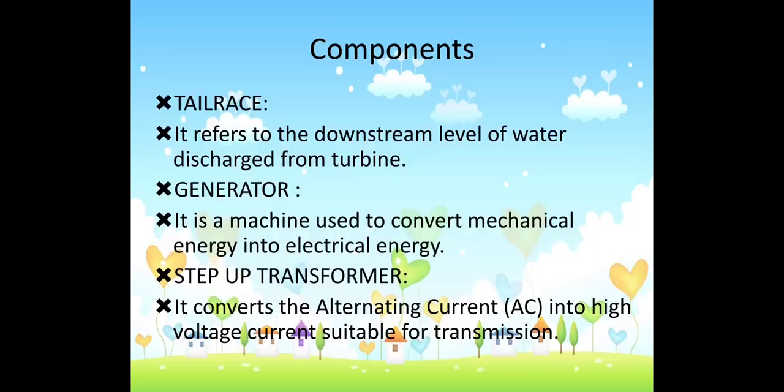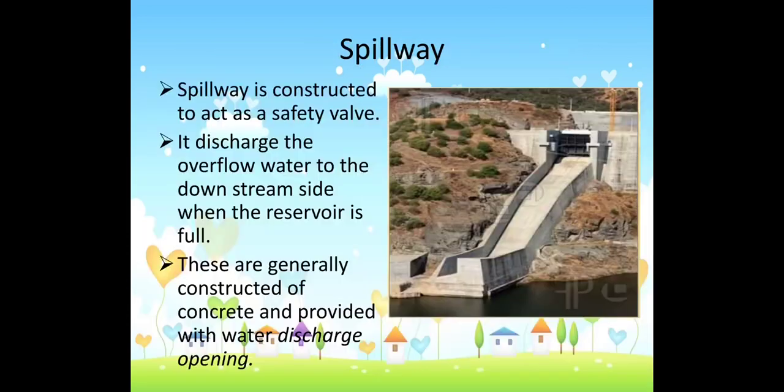Tail race refers to the downstream level of the water discharged from the turbine, at the bottom side of the turbine. The generator converts mechanical energy into electrical energy. We use a step-up transformer: we increase the voltage, and then we can reduce the losses.